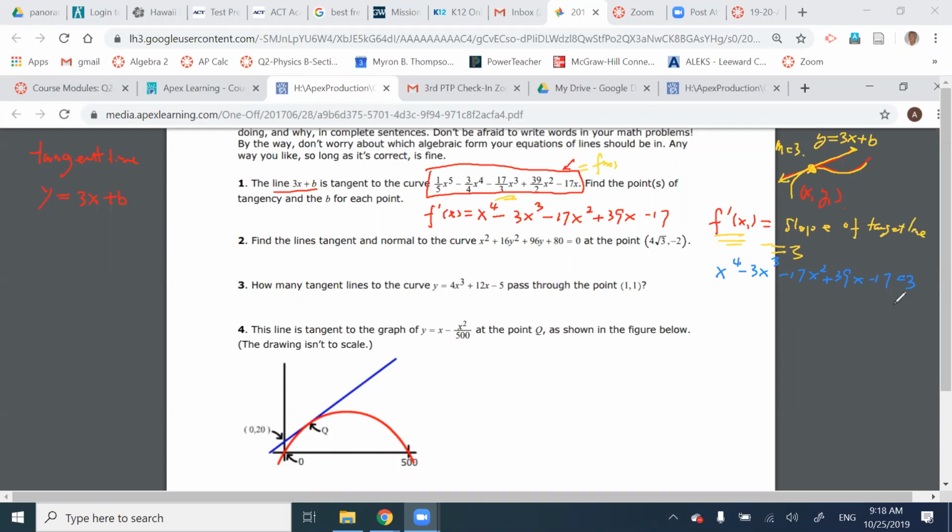So first step, minus 3 on both sides. Can you follow me so far? So we got x to the 4th minus 3x cubed minus 17x squared plus 39x minus 20 equals 0. No problem?